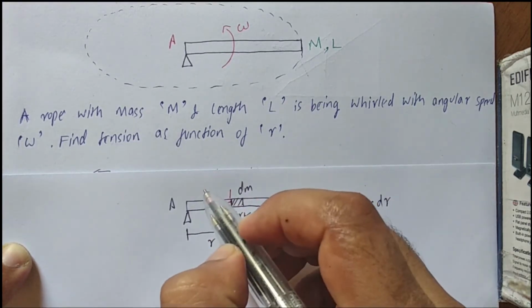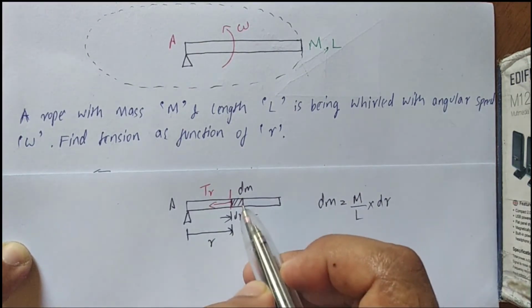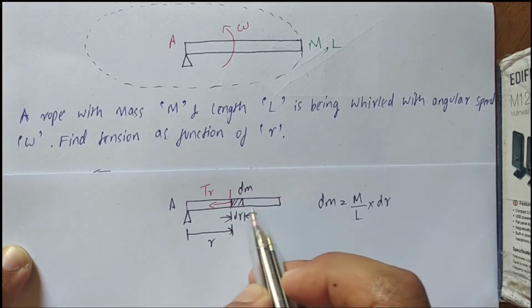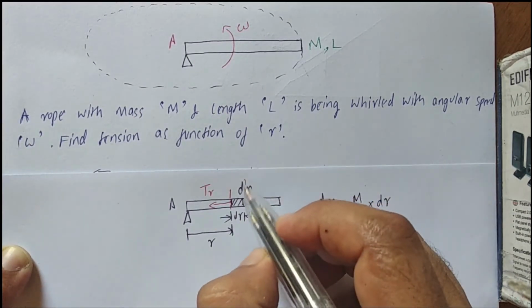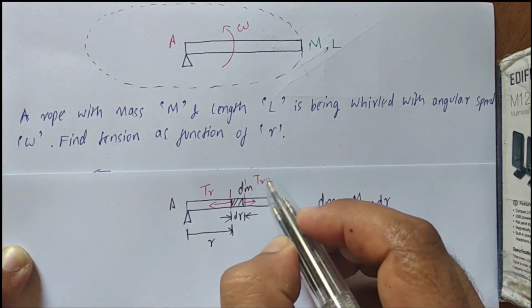Let us consider this tension to be T at R. Also this section will experience some pull due to this portion of the rope. So let us consider this tension to be T at R plus dr.